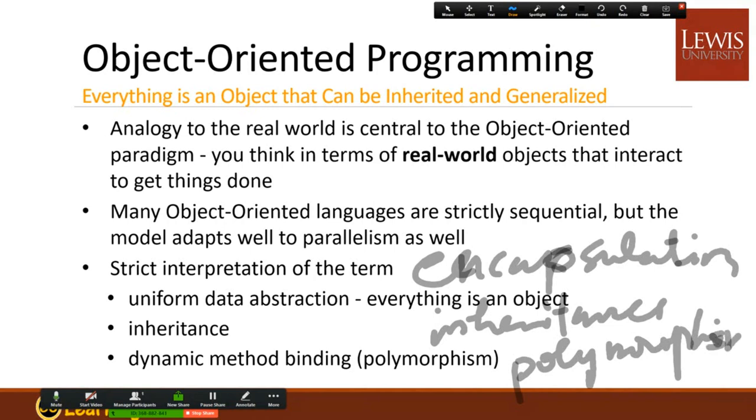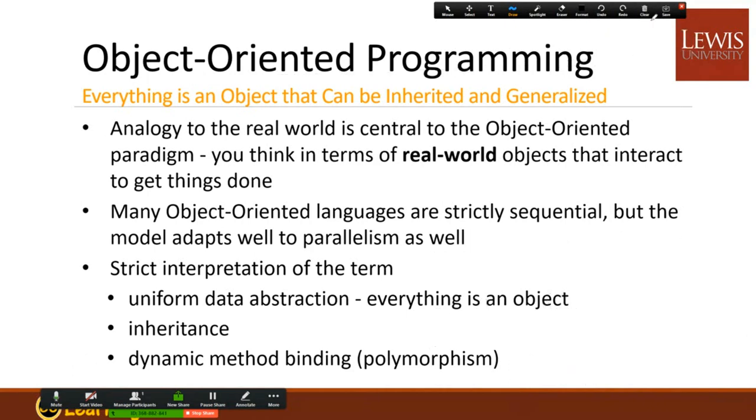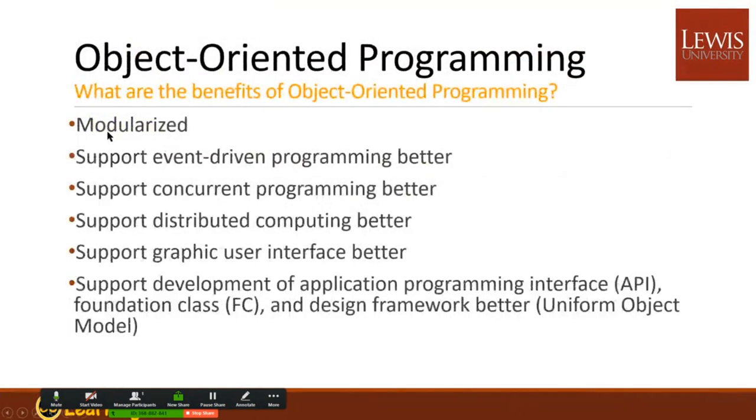These are the three important features of object-oriented programming. We talk about all of these in this chapter.